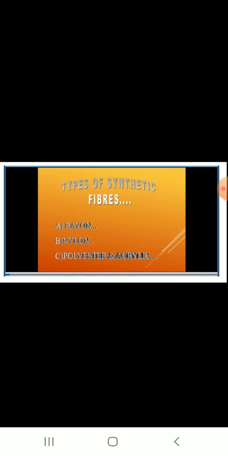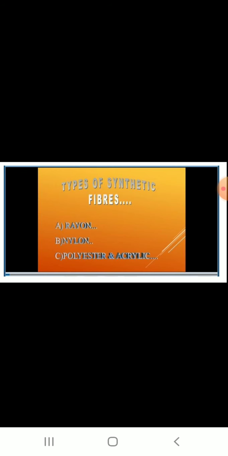What are the sources of natural fibers? Cotton, we get from the cotton plant, linen from the flax plant, wool from sheep, and silk from silkworms. These are the sources of natural fibers.